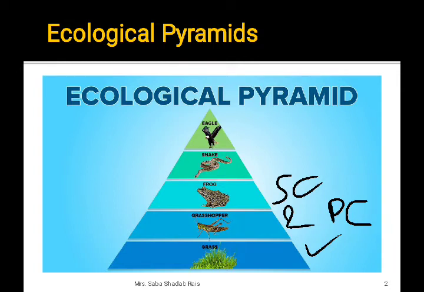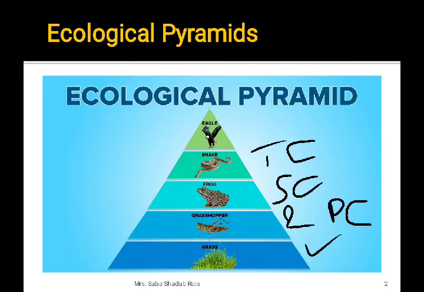And then there are tertiary levels and quaternary levels. Thereafter, you will have the tertiary consumer. For example, the snake feeds on the secondary consumer.